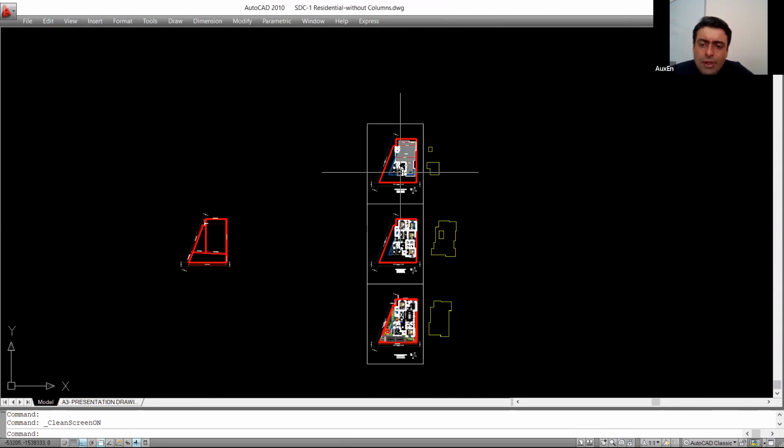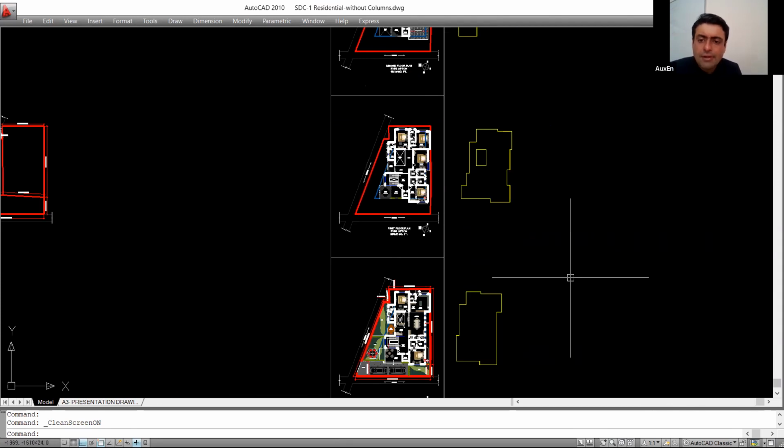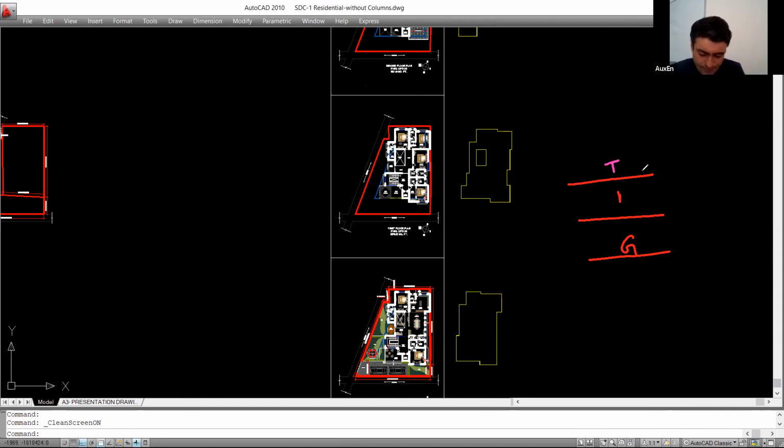So this would be called as what? G plus what? Yes, you have a ground floor, and then you have a first floor, and you have a terrace level. So we would be calling it as a G plus 1 structure.